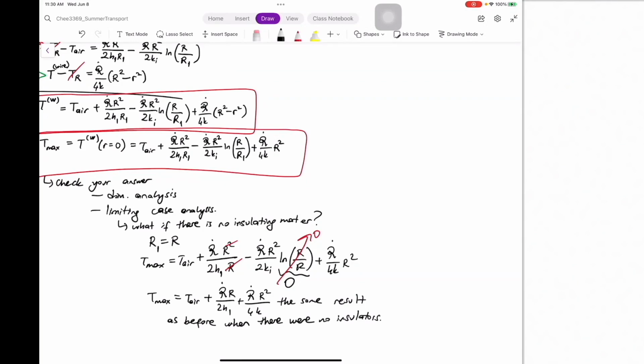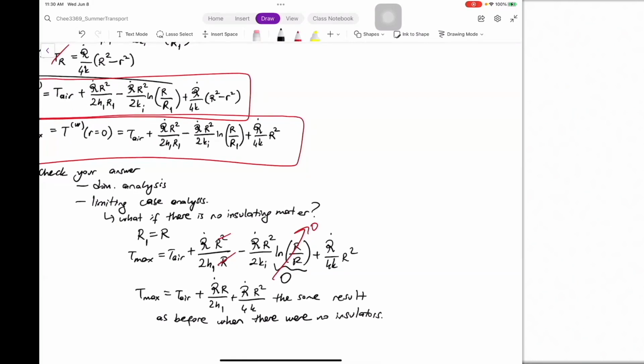Yeah, when we say there's no insulating material, you don't need to make any assumption about the K_i, because you can see that this term is vanishing no matter what K_i is, right? No, I mean the term before that one, the one that has R dot R squared over 2H1. I mean that one. Okay, so what further assumptions can you make? Doesn't the H1 become just H?